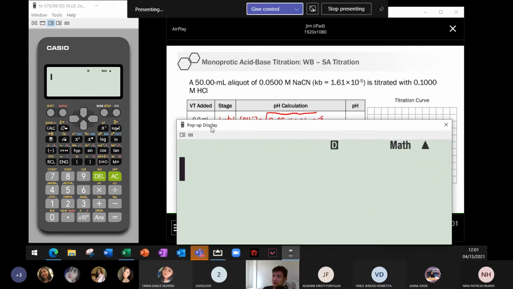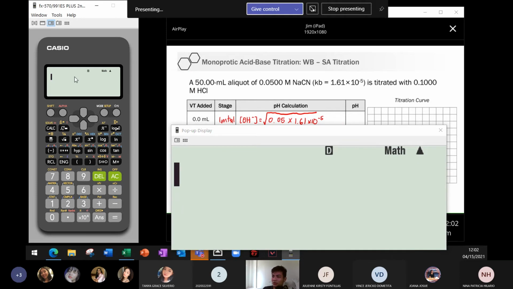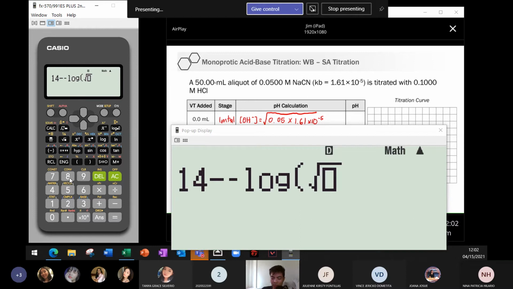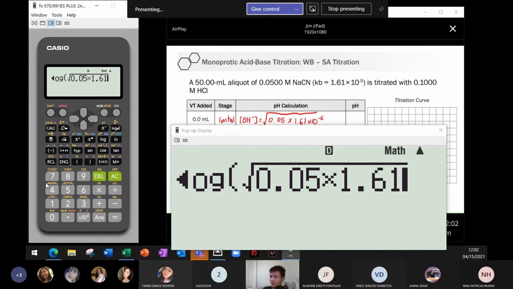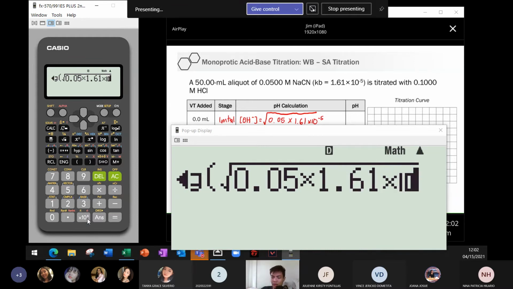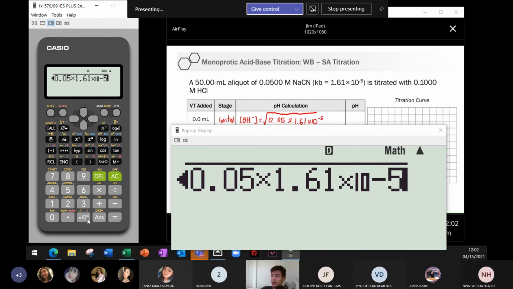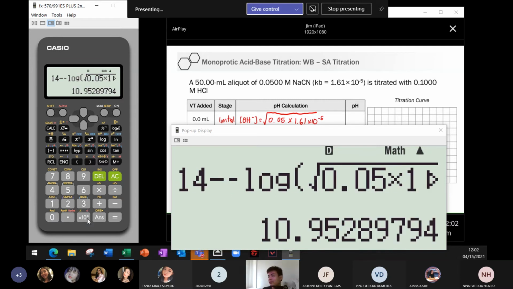Ito yung screen ng aking calcu. 14 minus negative log square root ng CB KB, 1.61 times 10 raised to negative 5. Sagot is 10.95.